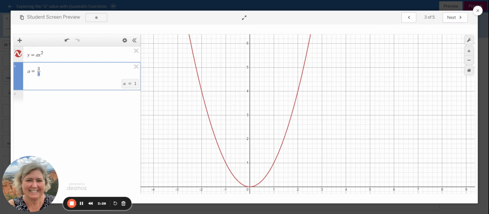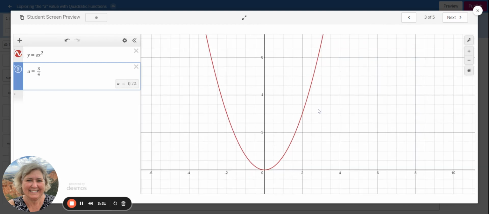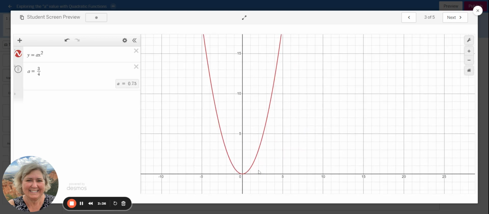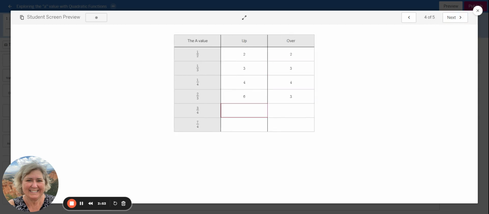We'll put a 3/4, and let's make this a little bit bigger so we can see what's going on. If you look right here, 12 and over 4. So it went up 12 and over 4. So let's go over here and put this one: up 12 and over 4.